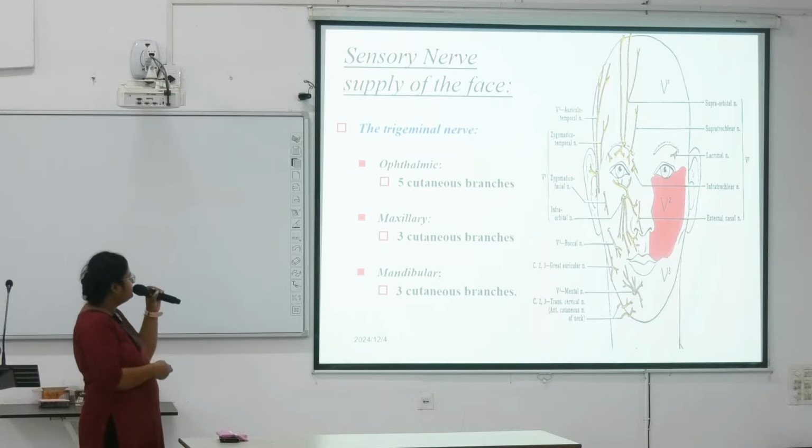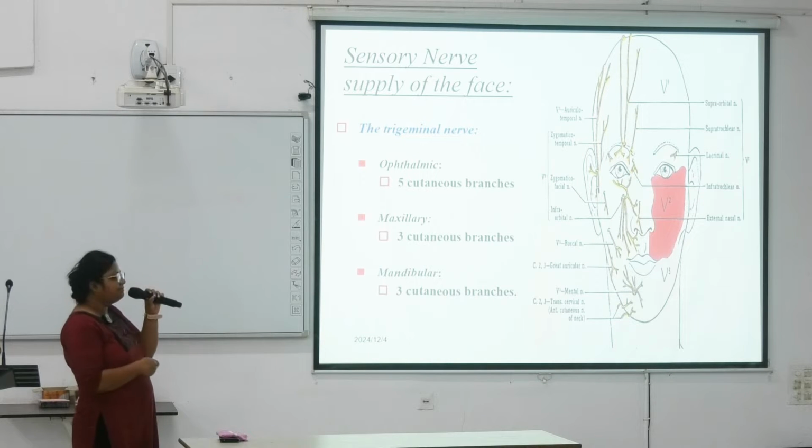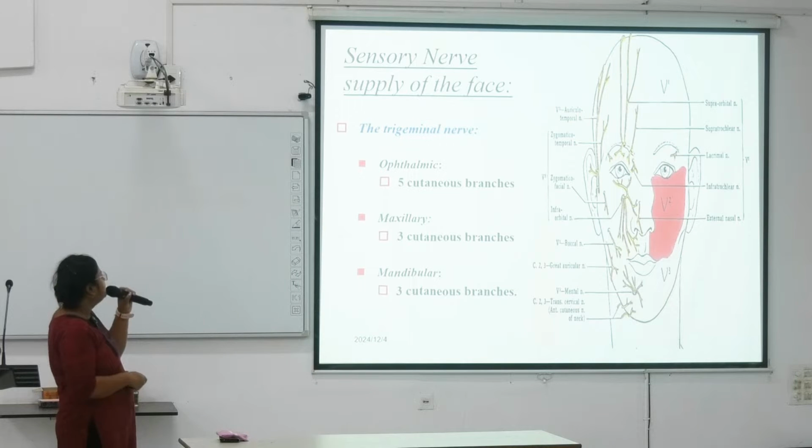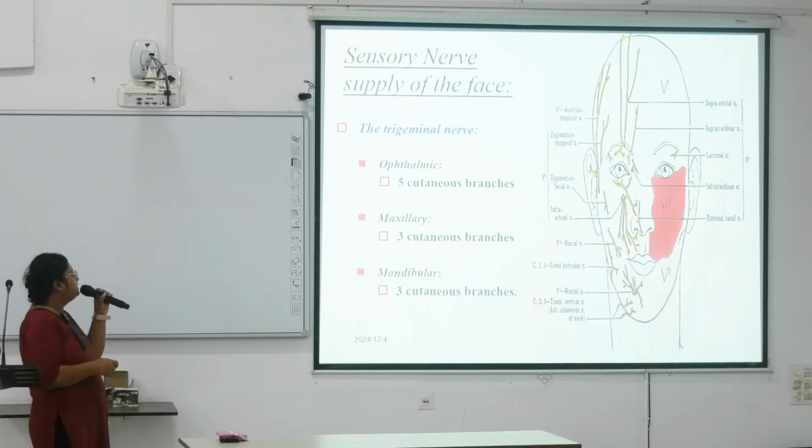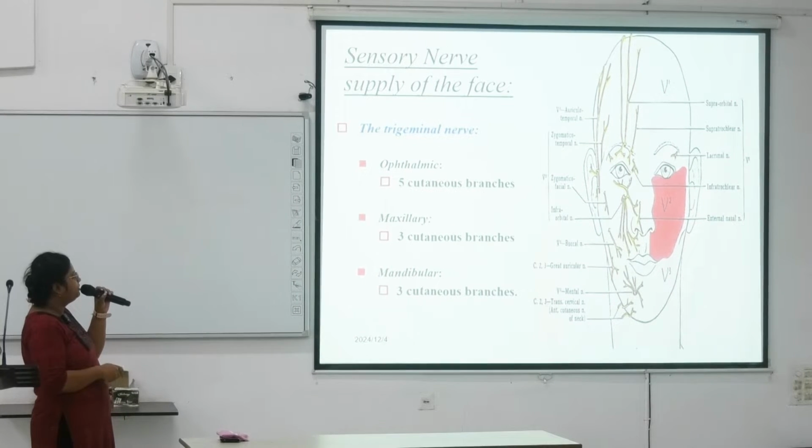So these three branches again give some smaller branches. Okay. So ophthalmic division has 5 cutaneous branches: supraorbital, supratrochlear, lacrimal, infratrochlear, and external nasal. These 5 are branches of the ophthalmic division. Next is maxillary division. It has 3 cutaneous branches: zygomaticotemporal, zygomaticofacial, and infraorbital.